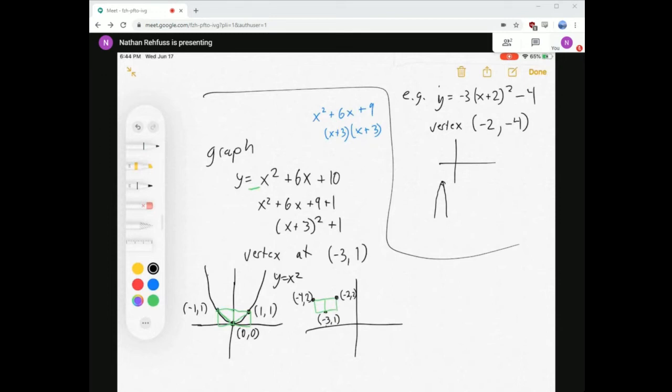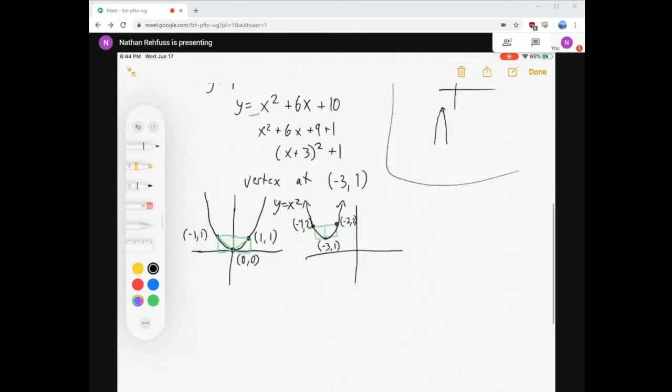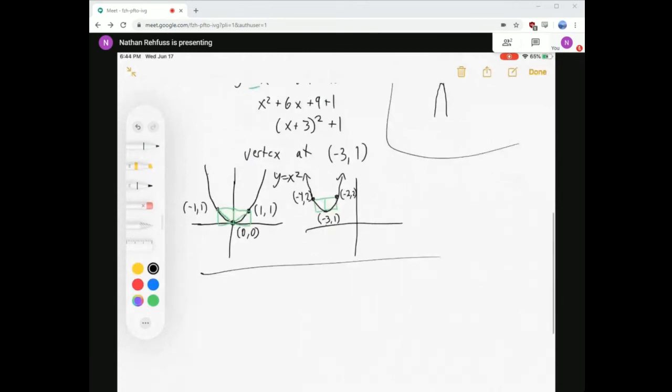If I wanted the graph of, let's say, y equals -4x squared minus 8x, and then minus 10.